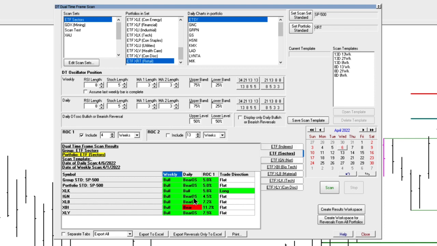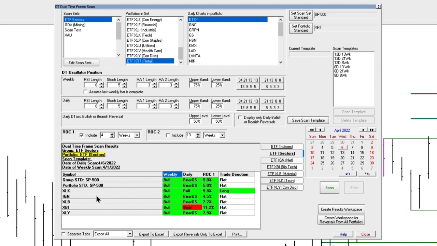So here are the daily momentums on a couple of these. They're bear oversold. Those are the ones that more than likely within a day or two are going to make the bullish reversal in the daily momentums, and then they'll switch to long.